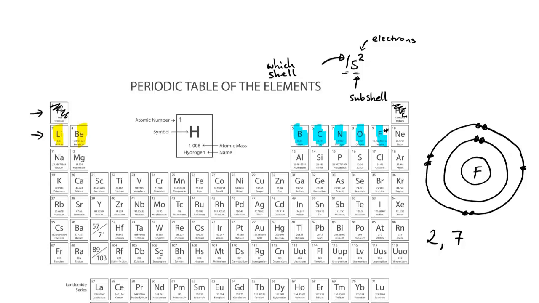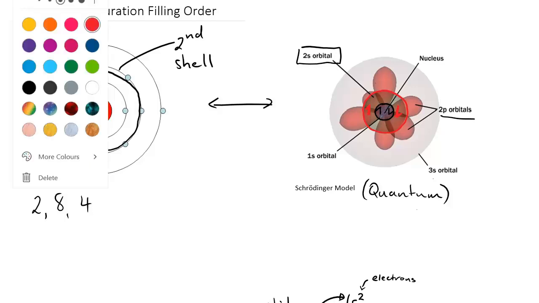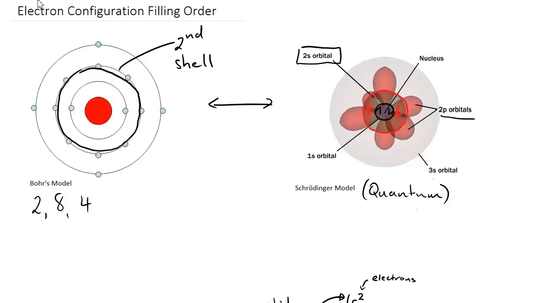So if we look back at our atom here, we can see that we have the 2p orbital. And so what ends up happening in fluorine's case, and I will try to clean this up. We already established that we had this being the 2p orbital, and then in blue, this is still part of the second subshell.